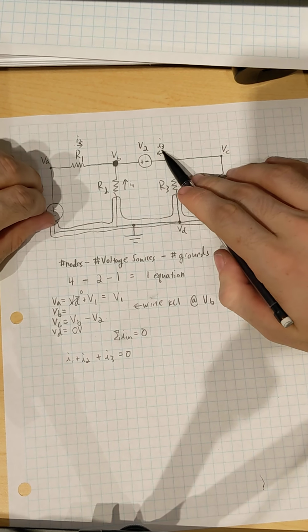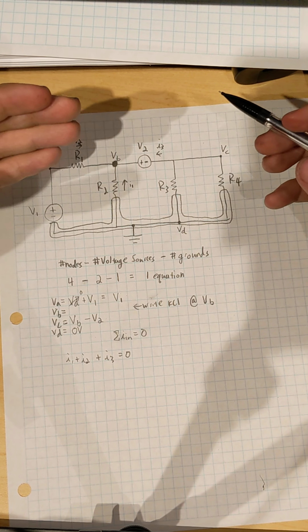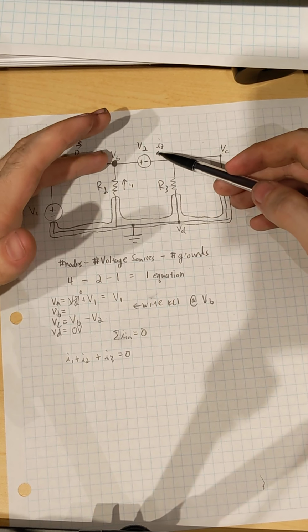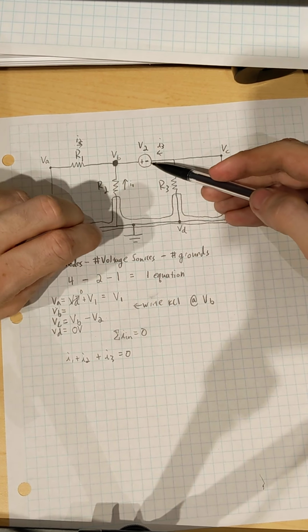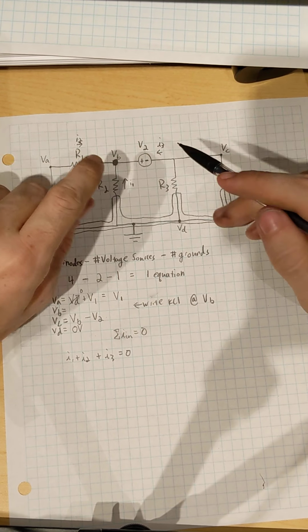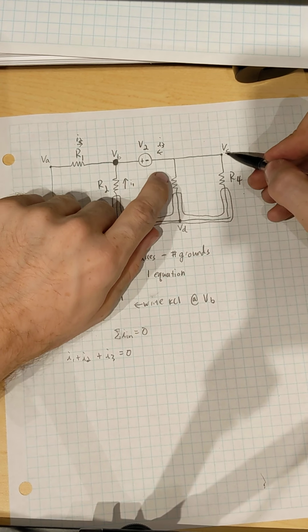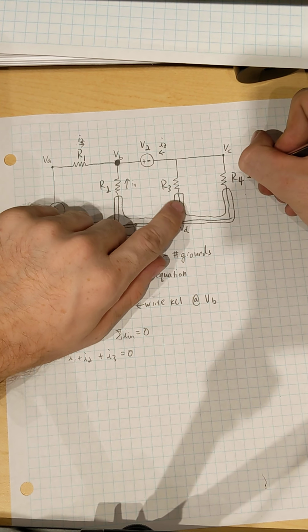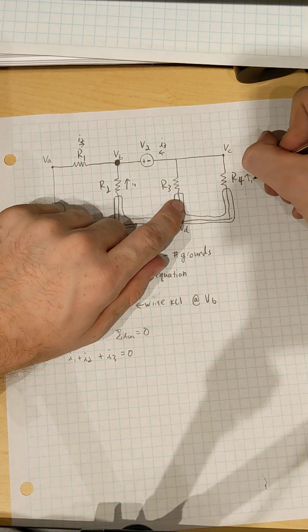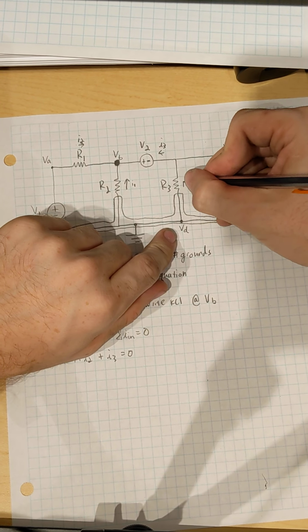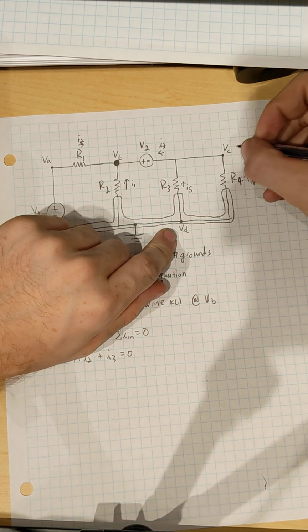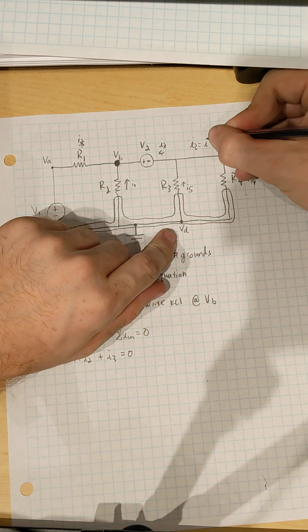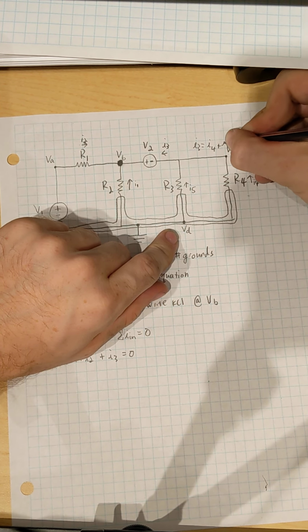Something weird about I3 that I know just by looking at it: if I write my KCL equations at I3, I don't know the resistance of V2. So what I'll do is I'll just go down the line and look at these branches. I'll label another current I4 and another current I5. And we know that I3 should be equal to I4 plus I5.